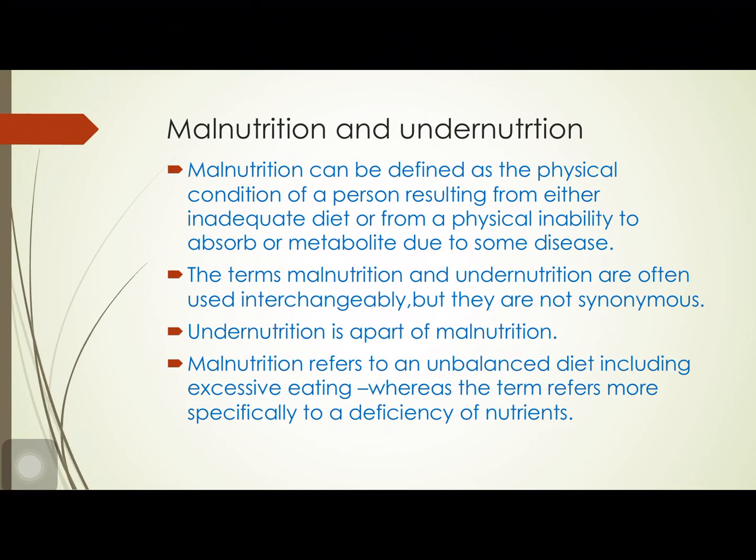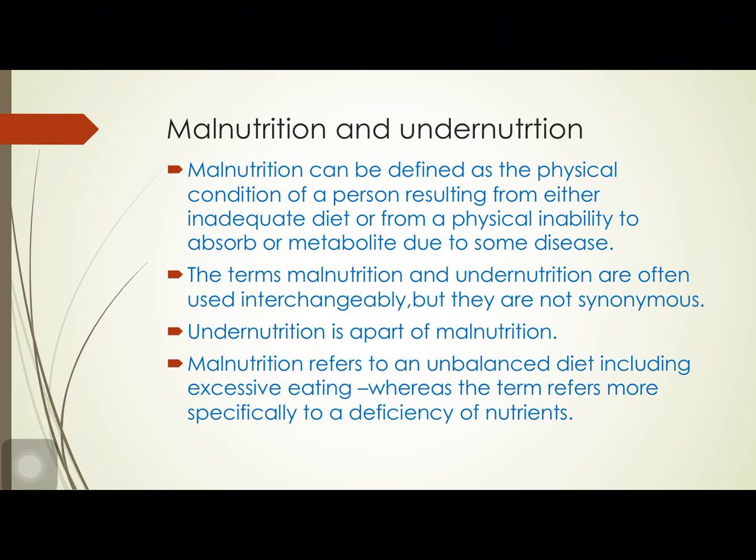Malnutrition can be defined as a physical condition of a person resulting from either an inadequate diet or from a physical inability to absorb or metabolize food due to some disease. A person might not be taking the diet adequately, or he might have a physical inability to absorb the diet properly.